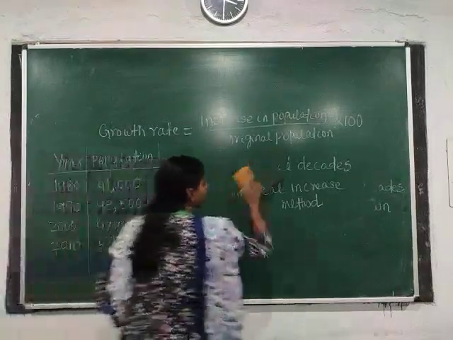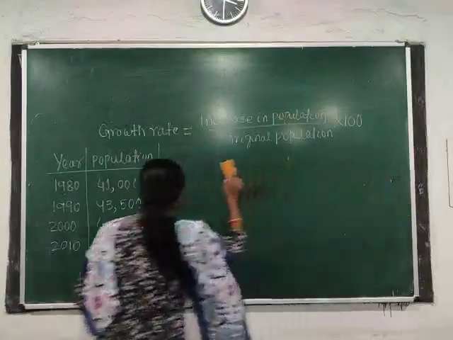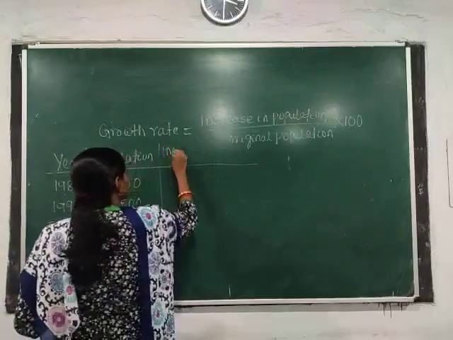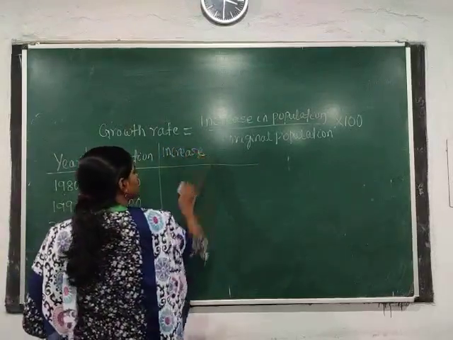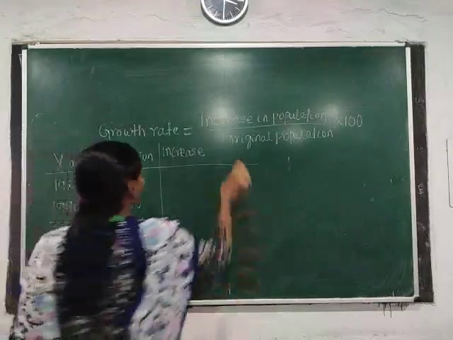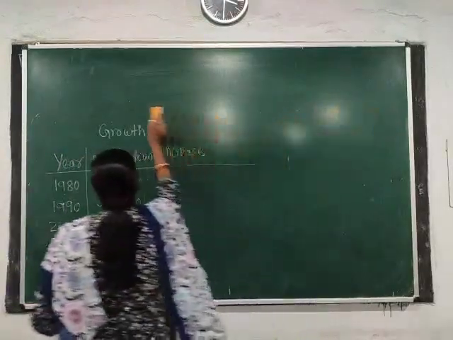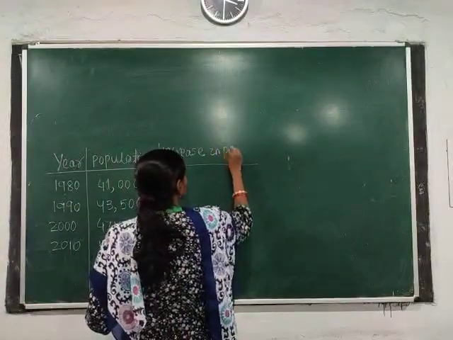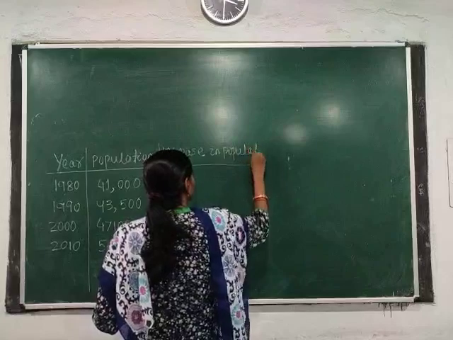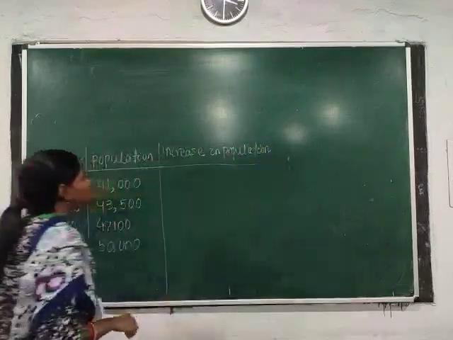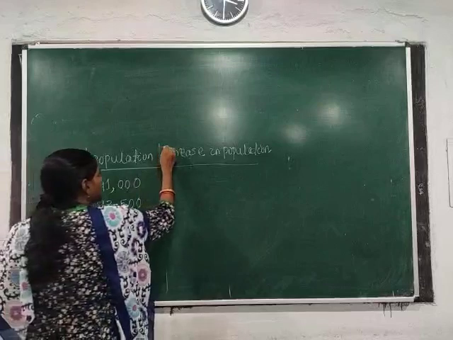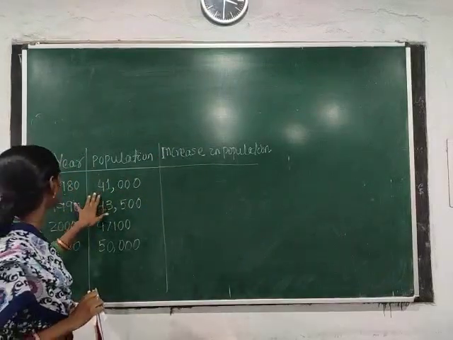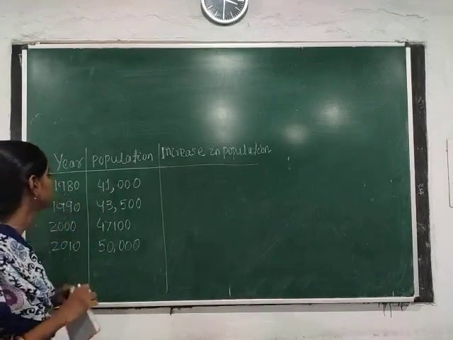In this method, the first step is finding the increase in population. This will be obtained in the same manner as we calculated using the arithmetic increase method.